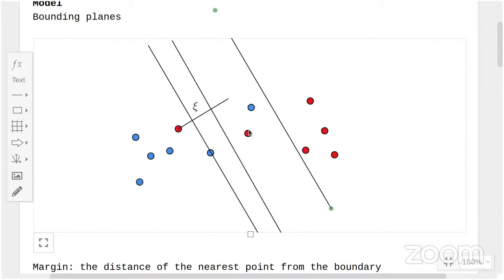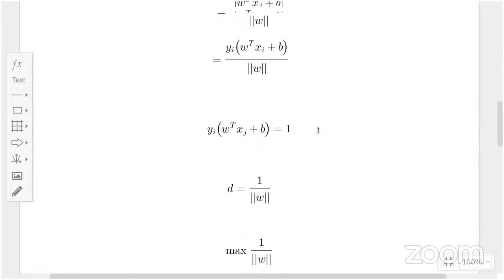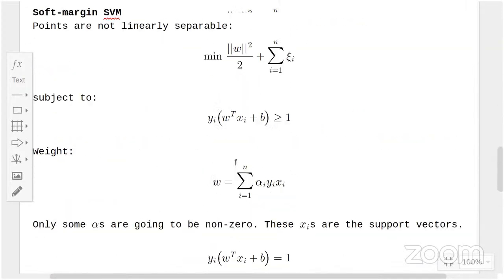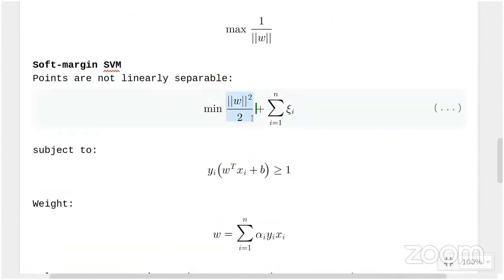All this point earlier did not have a slack at all, but because I want to maximize my margin, this point is now going to get some slack. If I still want to increase the margin, then this point will also get some slack. So increasing the margin, which is the first term of the objective, works against reducing the slack. To mediate between these two, I have some parameter called C.